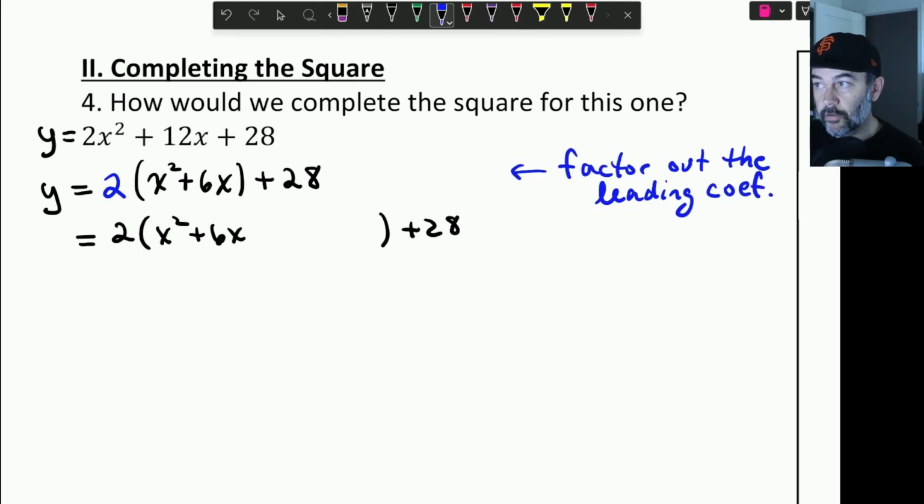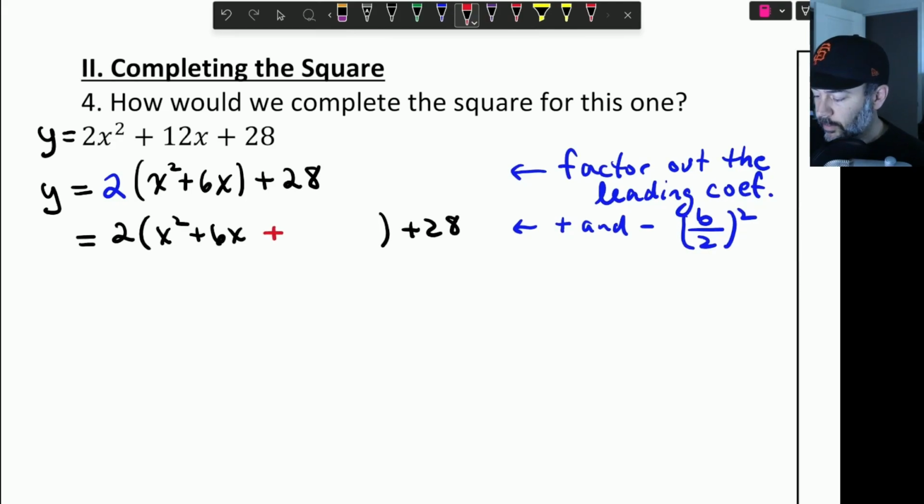Now, complete the square. Add and subtract b over 2 squared. And let's do that on the inside. We will add, well, 6 divided by 2 is 3. 3 squared is 9. So we're going to add 9 and subtract 9.